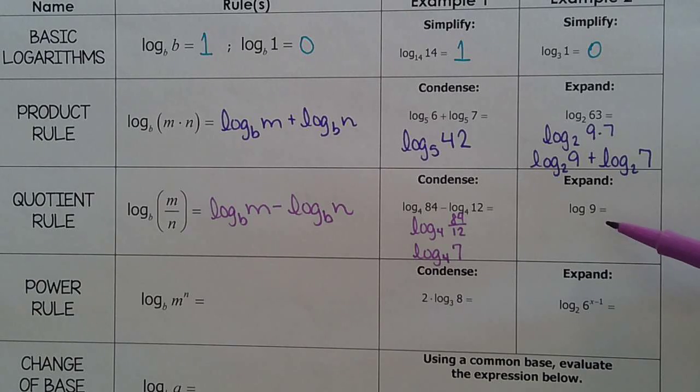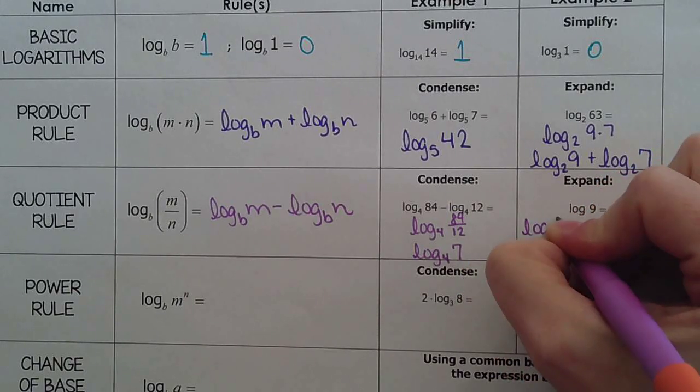There's an unlimited possibility here of quotients that make 9. And so again, when you're working on expanding them, you want to see what else is in your problem and find out, like, if there's another log 81 somewhere, use 81. If there's another log 9 somewhere, use 9. I'm going to use 81 divided by 9.